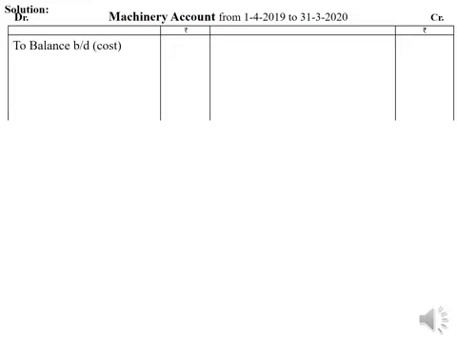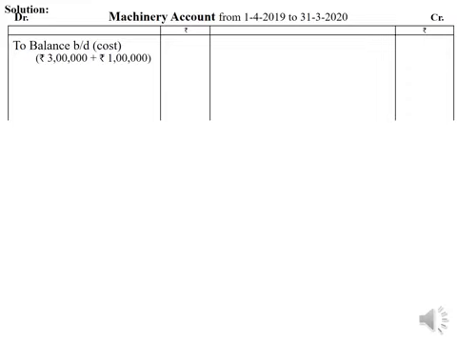Take the opening balance. Observe here, depreciation provision is given outside the problem. Therefore, the depreciation provision has to be added back to the written down value given in the balance sheet to find out the cost price of machineries, opening balance and closing balance respectively. So, the opening balance of machinery given in the problem is 3 lakhs, and the opening balance of depreciation provision is given as 1 lakh.